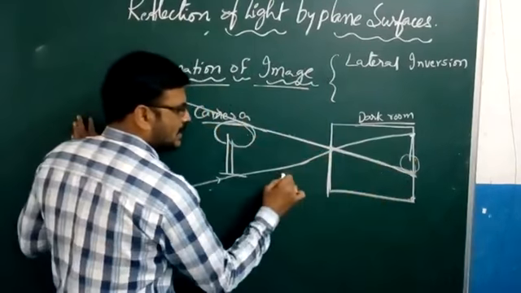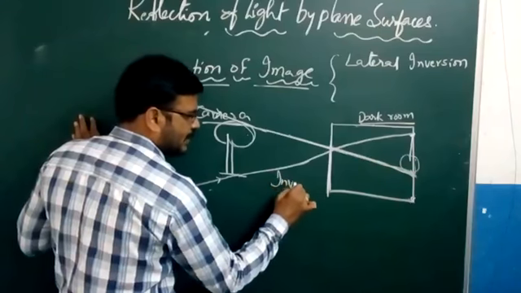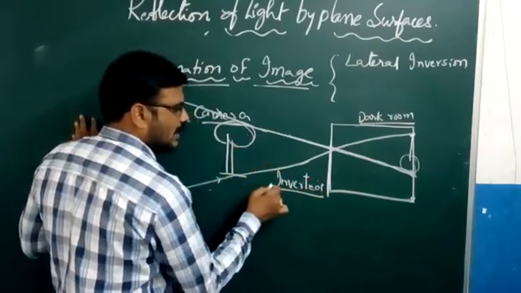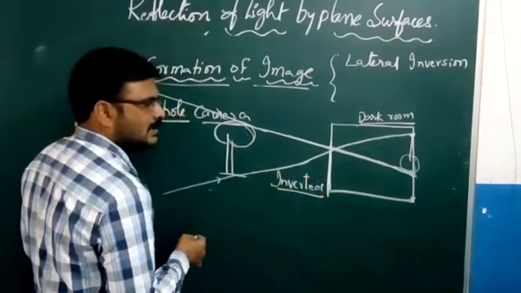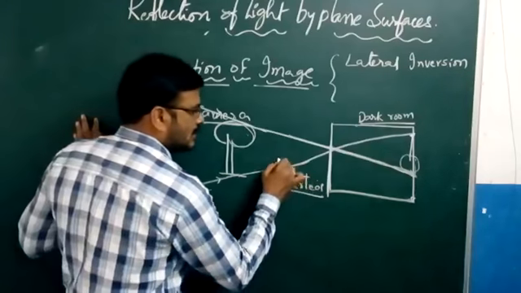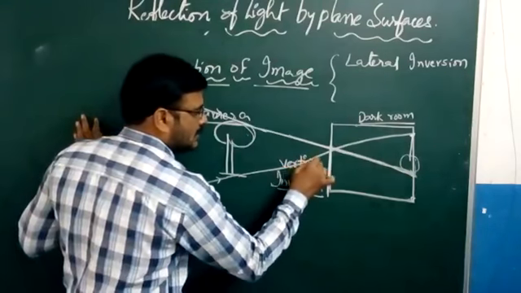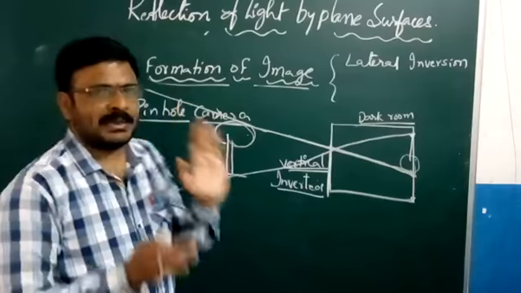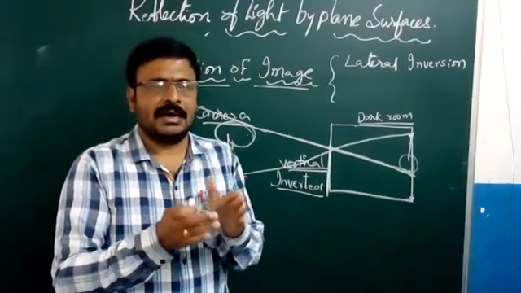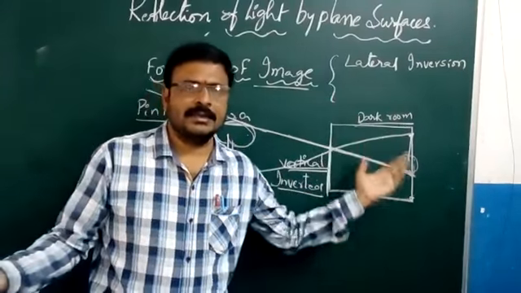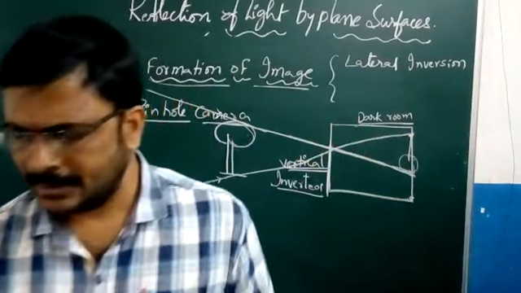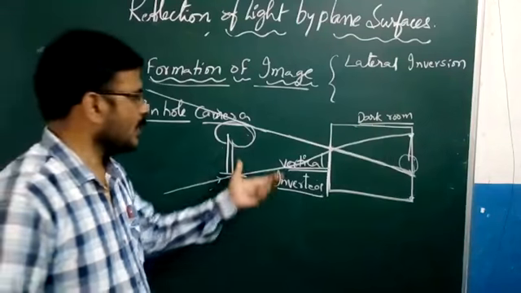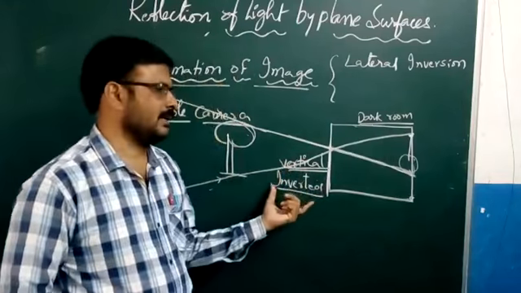So this is inversion. Inverted means upside down, and this type of inversion we call vertical inversion. Vertically inverted means top as bottom, bottom as top. Lateral means left side as right side and right side as left side. So this sort of figure will be formed, and we will observe it in the activity.